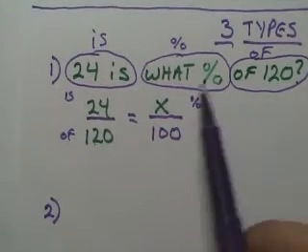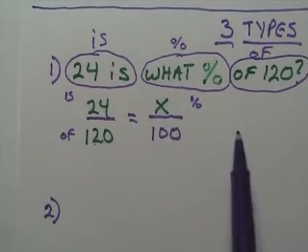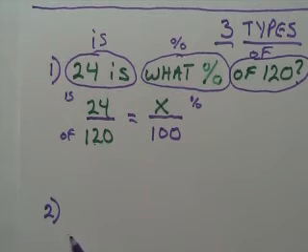Okay, this is the first type of problem. We set up our proportion. Let's solve it later. Let's now go to number 2.